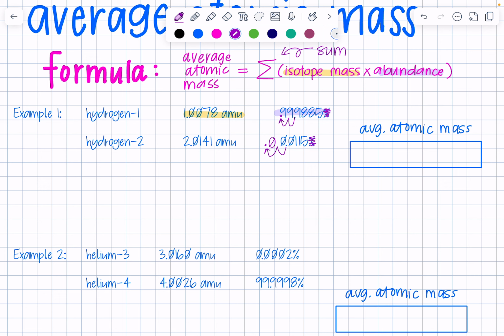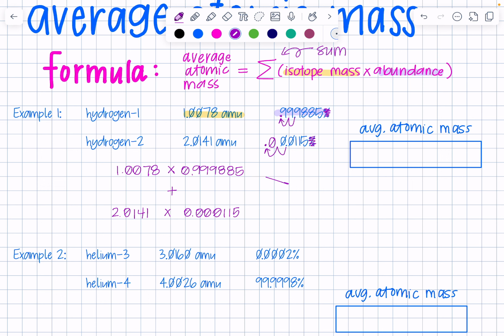So I am going to do 1.0078 atomic mass units times 0.999885. And I'm going to add that to 2.0141 atomic mass units times 0.000115.